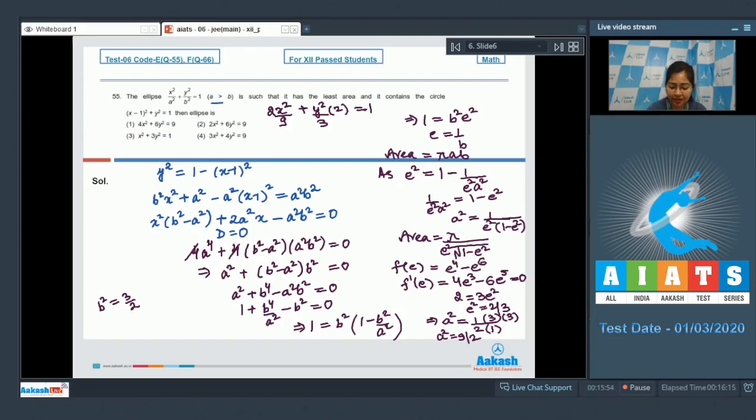So multiplying by 9 we get 2x² + 6y² = 9. That is option number 2 is the correct answer. Next is question number 56.